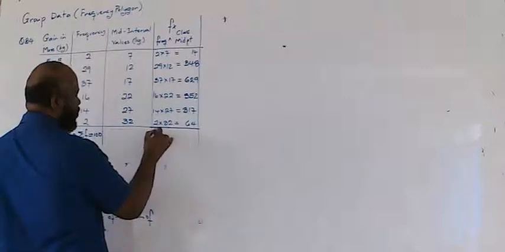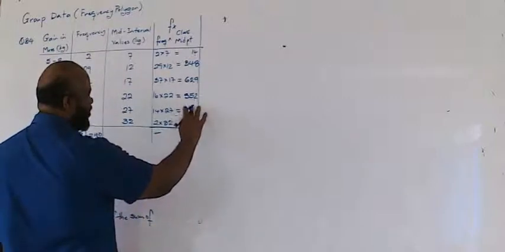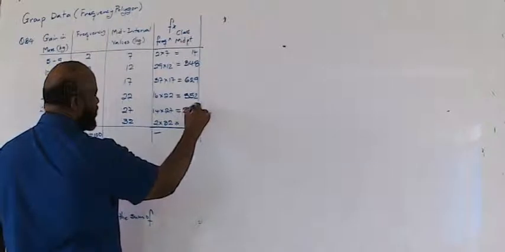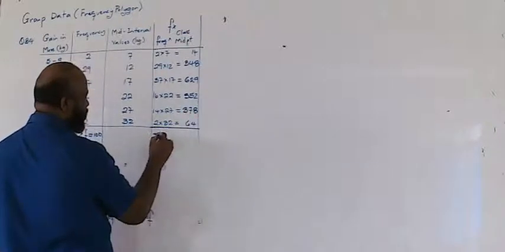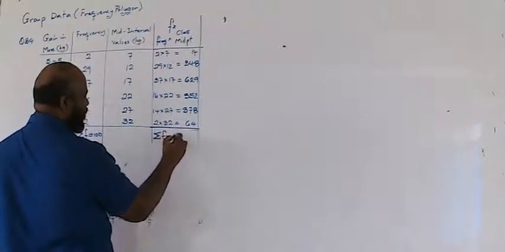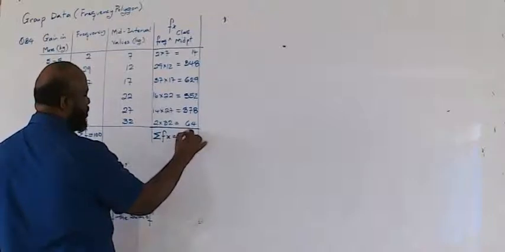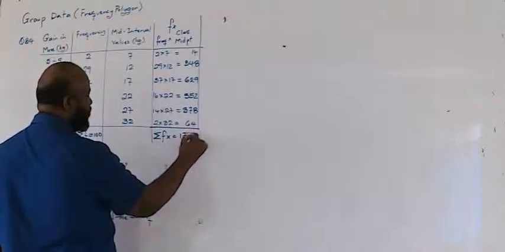No, so 78. 378. If you add these up now, the sum of fx is equal to 1785.